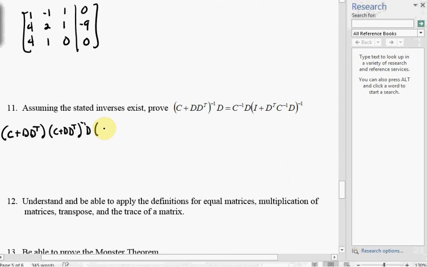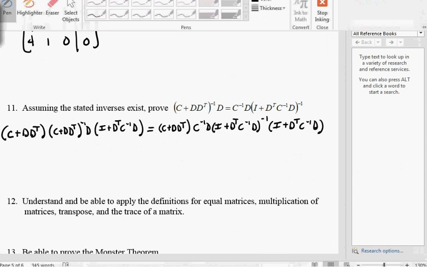This is right multiplication of the identity plus D transpose C inverse D. The left side is equal to left multiplication of (C plus D transpose) times C inverse D times (I plus D transpose C inverse D) inverse times (I plus D transpose C inverse) times D.